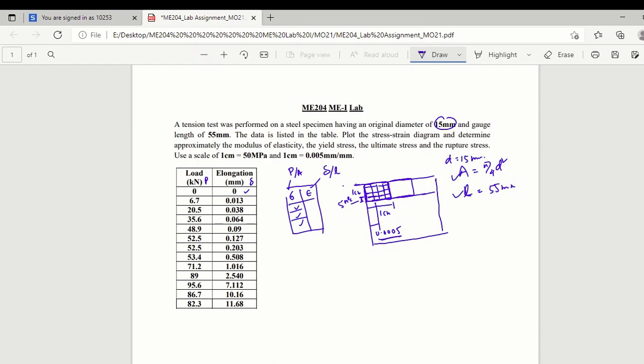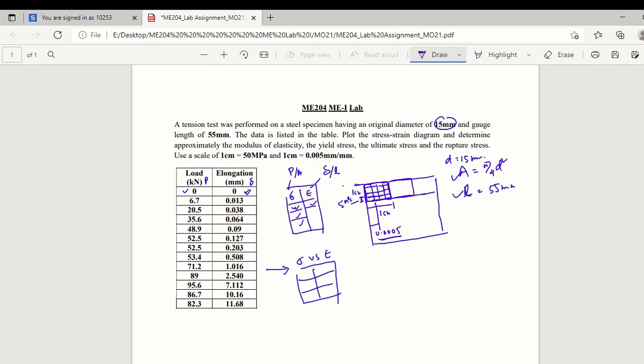So you can find A and L. Then according to the different load values, you get the corresponding stress, and for the different deformation values, the corresponding strain. That means you have to convert this table, where load versus elongation data is given, to a table where you find stress versus strain data. Okay, right?